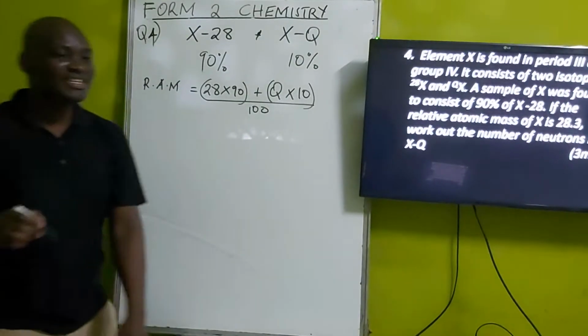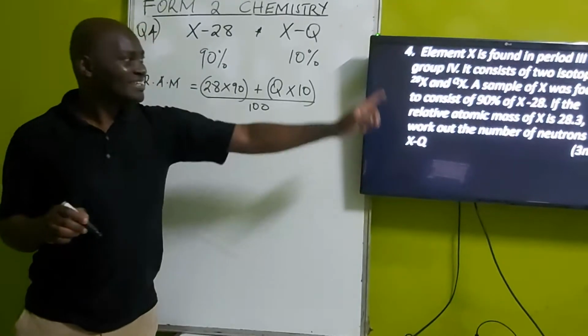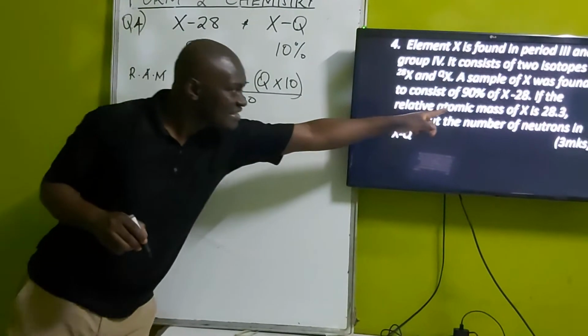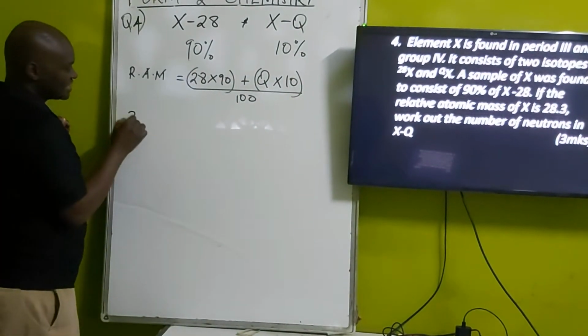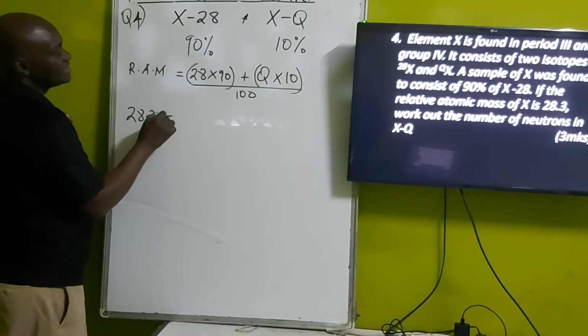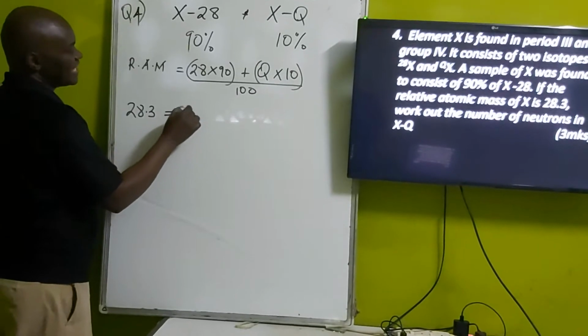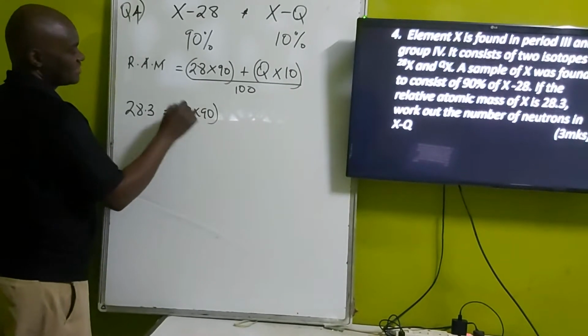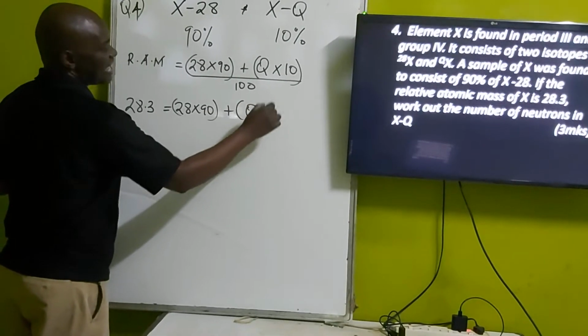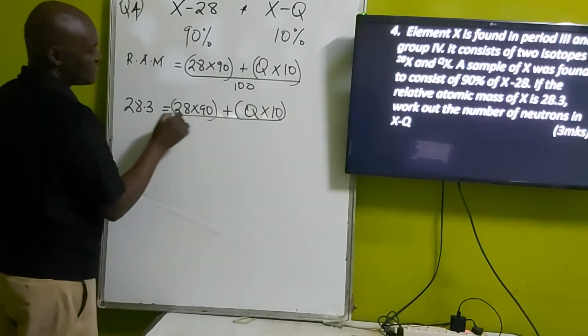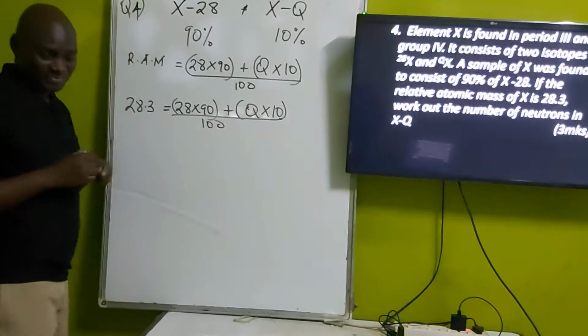But are we given the relative atomic mass? Yes. The relative atomic mass is 28.3. So 28.3 is equal to 28 times 90 plus Q times 10 over 100.